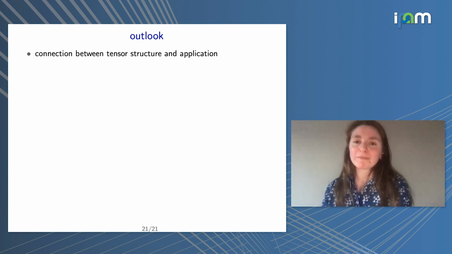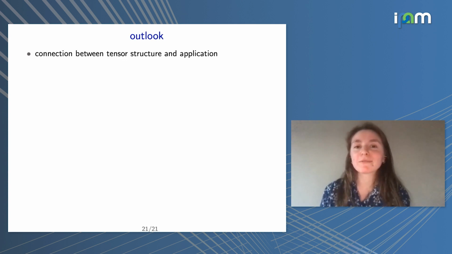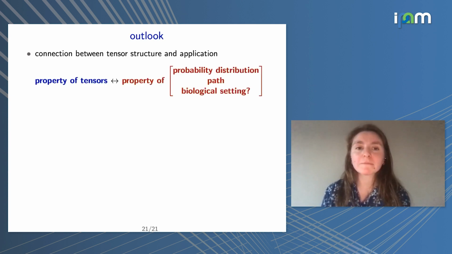All right, so I think I'm out of time and I will wrap up. So what I hope to convey in this tutorial was the connections between tensor structure and these applications.